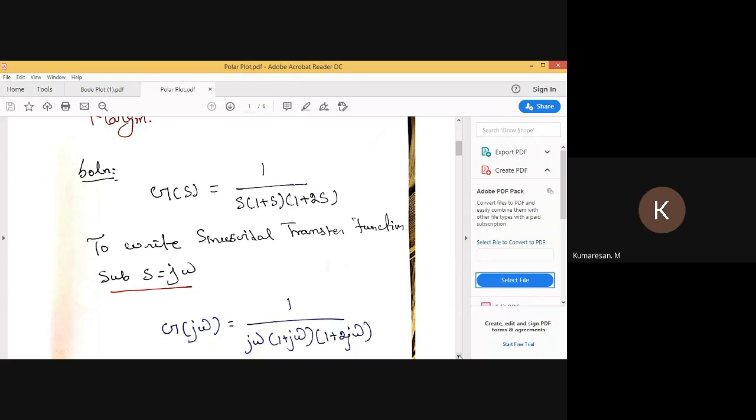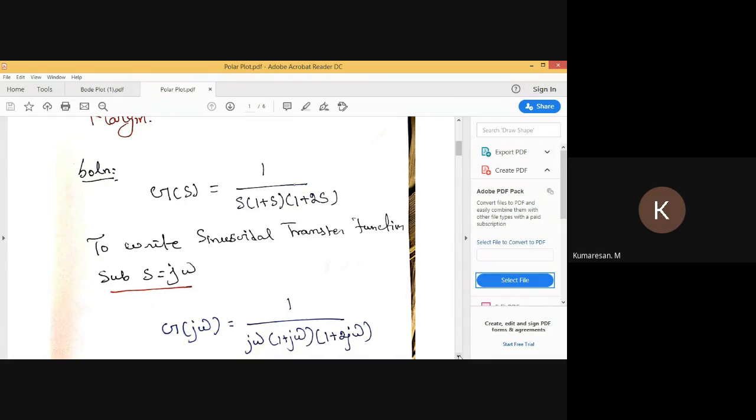Now we are going to write it as the sinusoidal transfer function. Already we know that we have to substitute s equal to j omega, that means s is replaced by j omega for the sinusoidal transfer function.